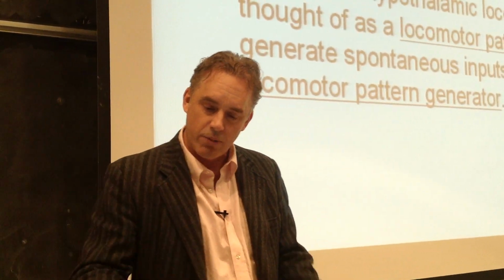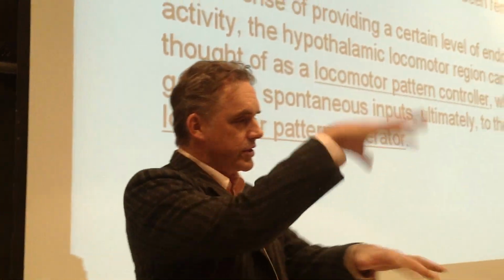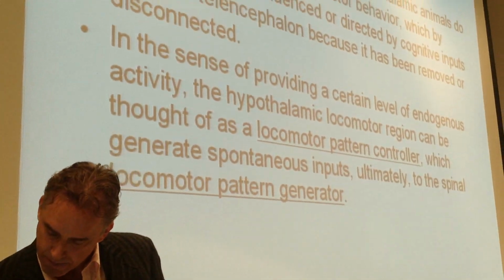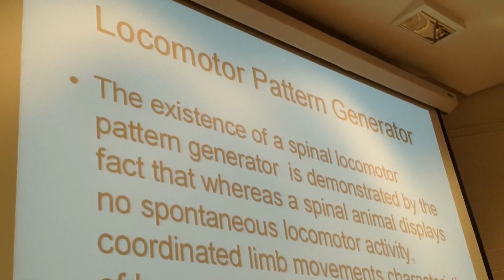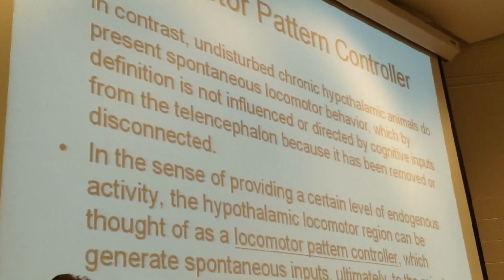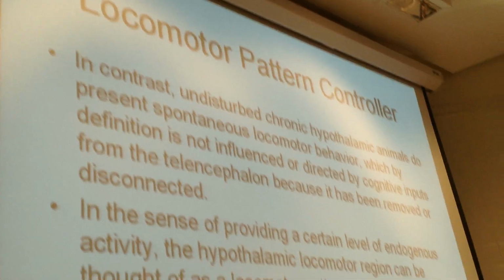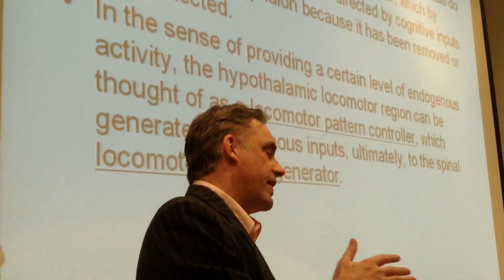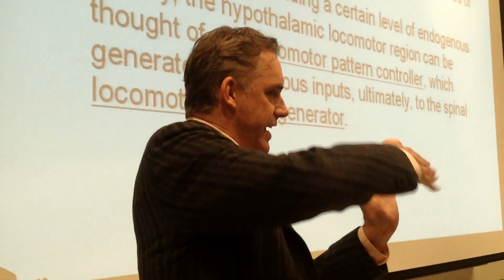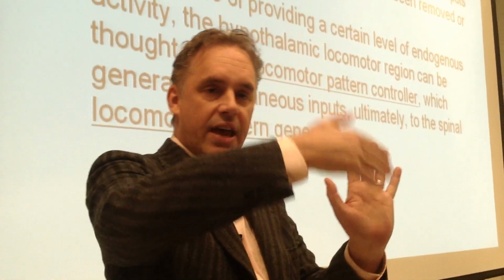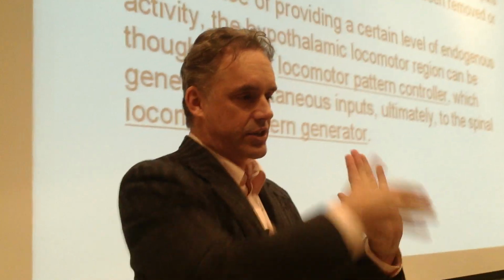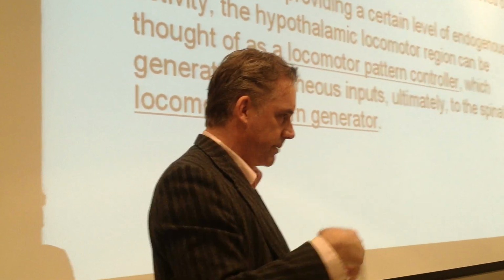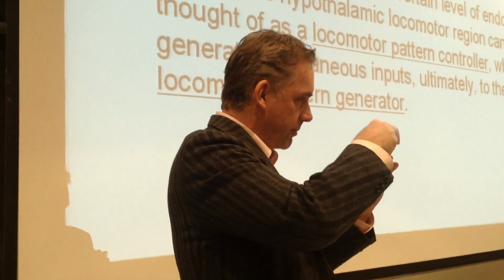Level up, locomotor pattern controller. So it's controlling the locomotor pattern generator. In contrast, undisturbed chronic hypothalamic animals. One of the ways people figured out how the brain works was by sectioning animals' nervous systems when they're alive at different levels of complexity. A spinal animal is one that's basically paralyzed. Its brain is separated from its spinal cord.